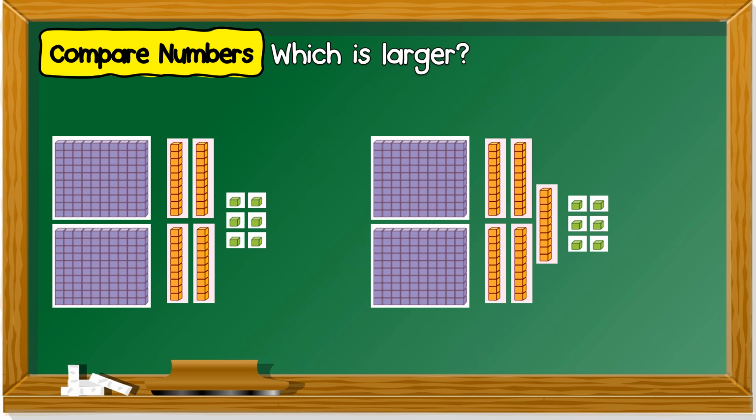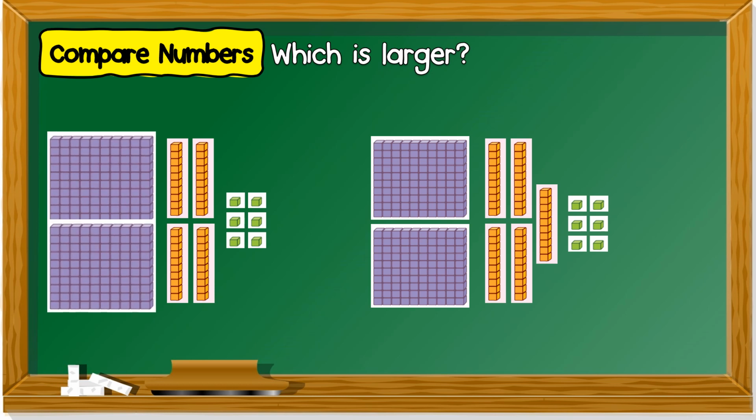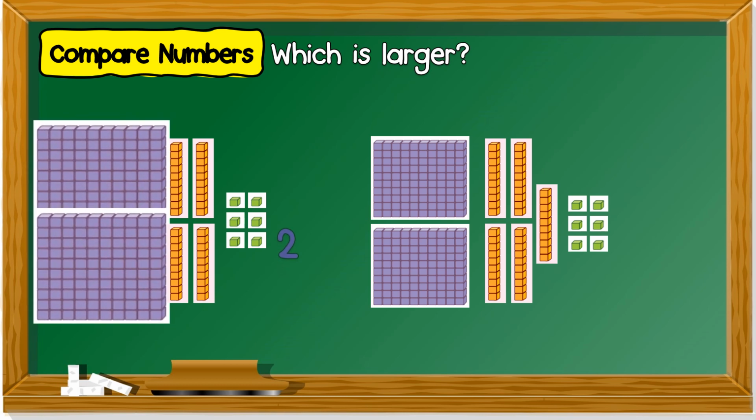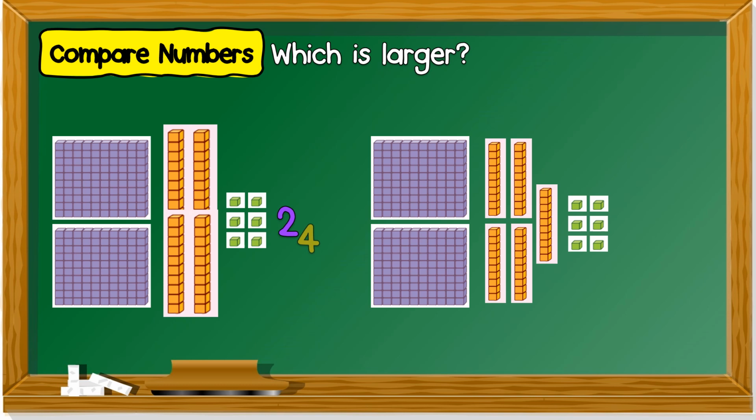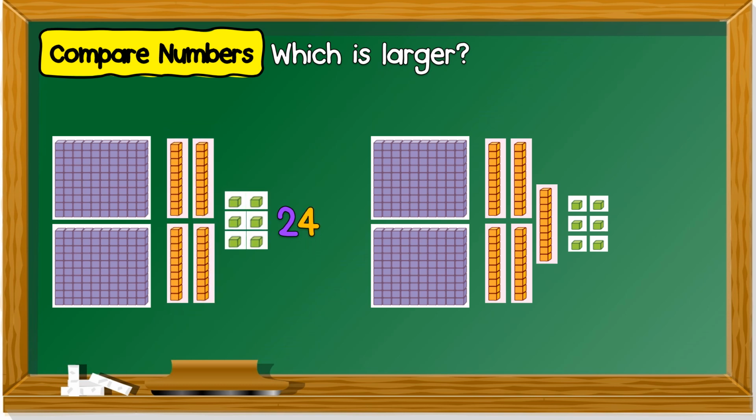Okay, the one on the left, how many blocks of hundreds? 2. Blocks of tens? 4. Ones? 6. So this is 246.